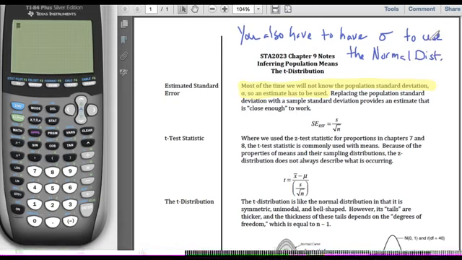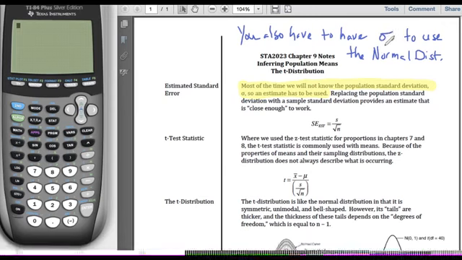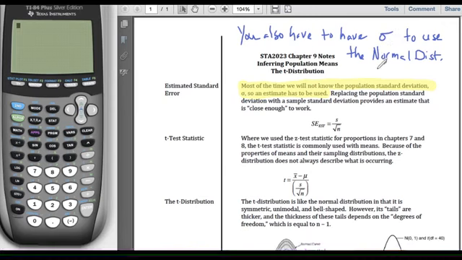You need a random sample. You need a sample size of at least 25 or more, but you also have to have sigma, and we're going to discuss why in this video.